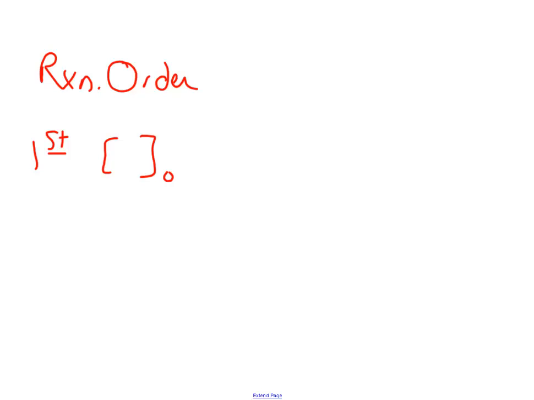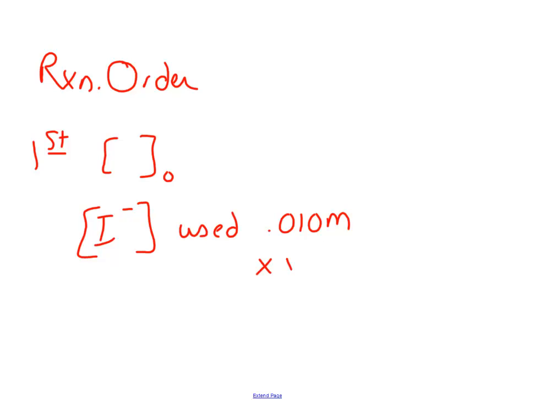So for iodide ion, I used 0.01 molar. And I used, depending on the reaction, either 1, 2, or 3 milliliters. So I'm going to take the molarity times the volume, and that gives me the number of moles of iodide in that particular reactant.